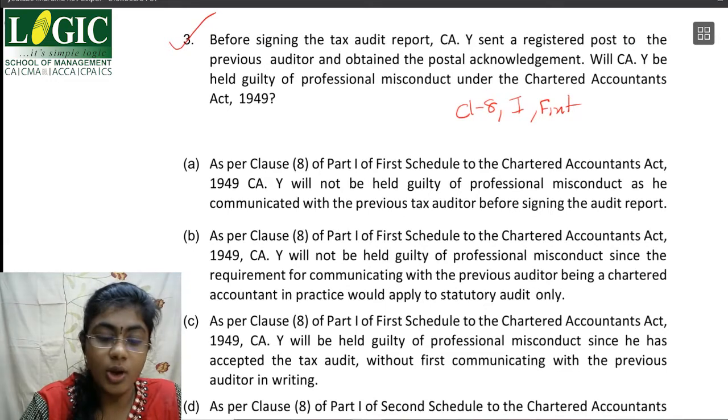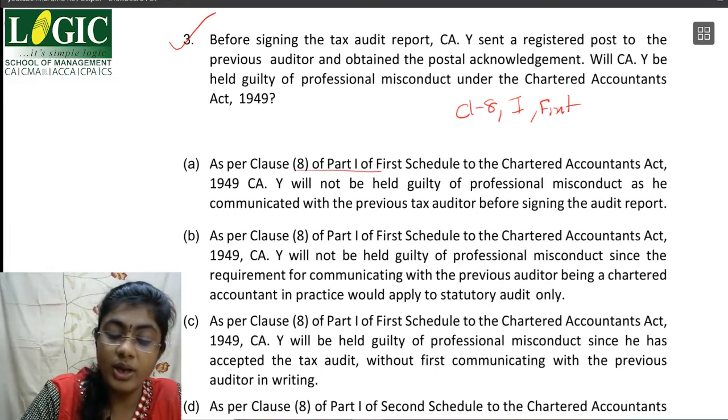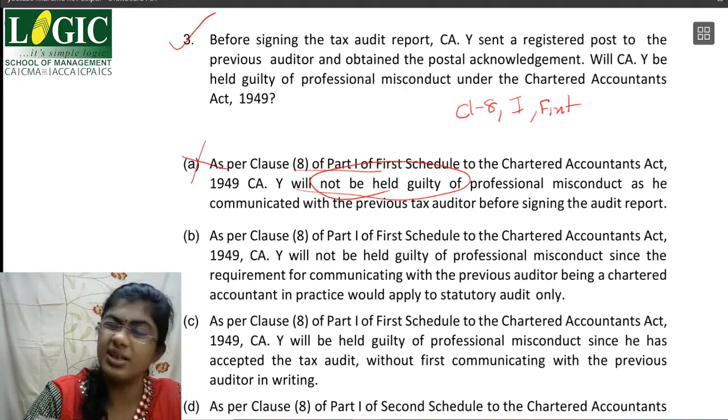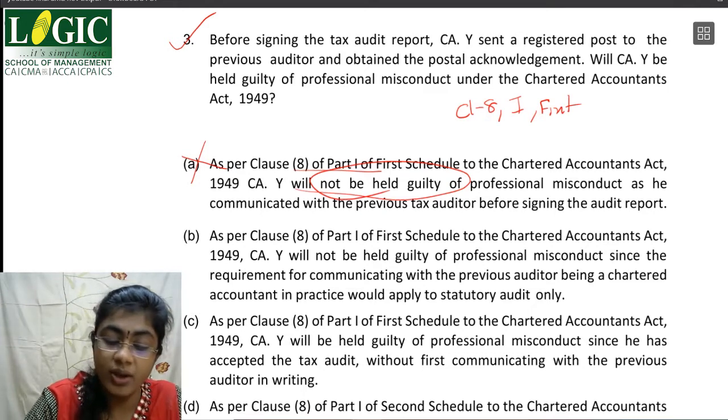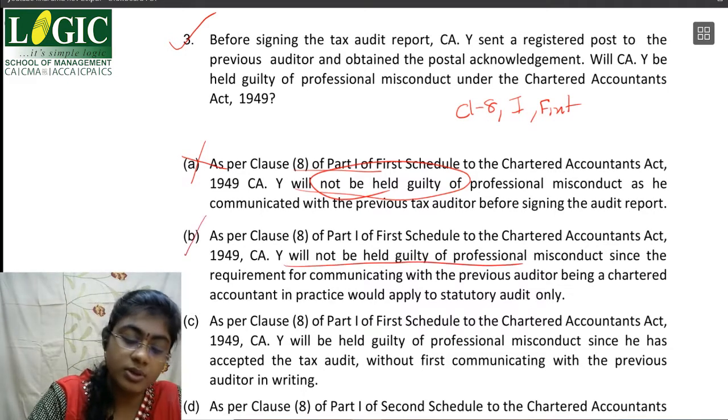Now reading the option. As per clause 8 of part 1 first schedule, CAY is not guilty. He is guilty, no? So strike off. As per clause 8 part 1 of first schedule, CAY will not be guilty. Strike off.